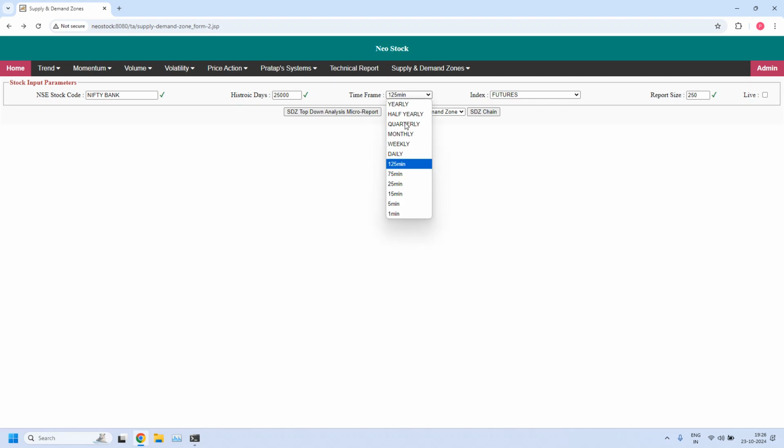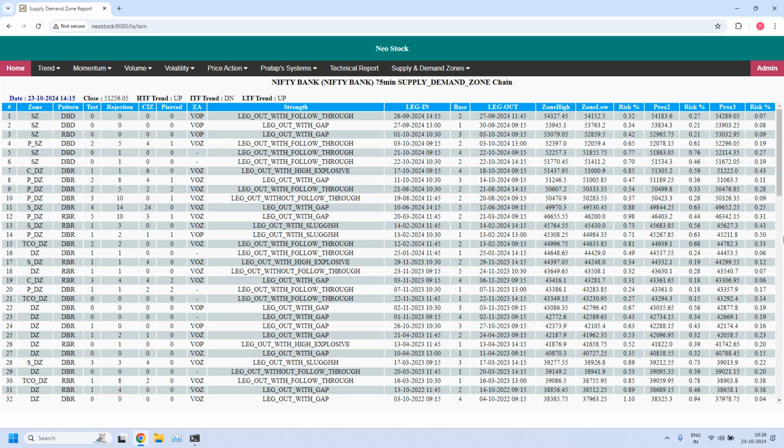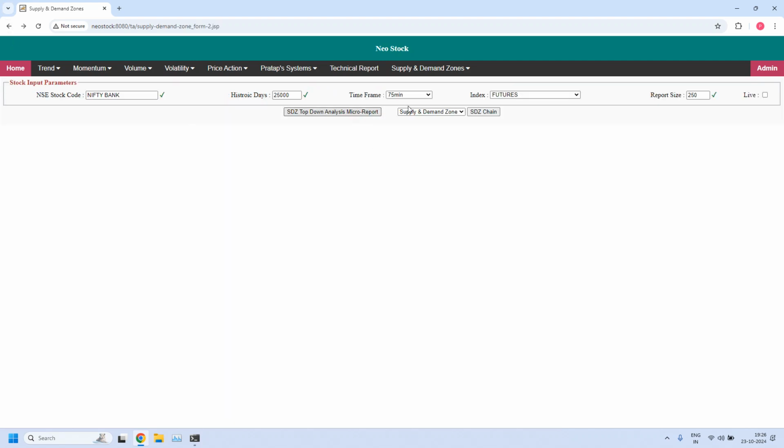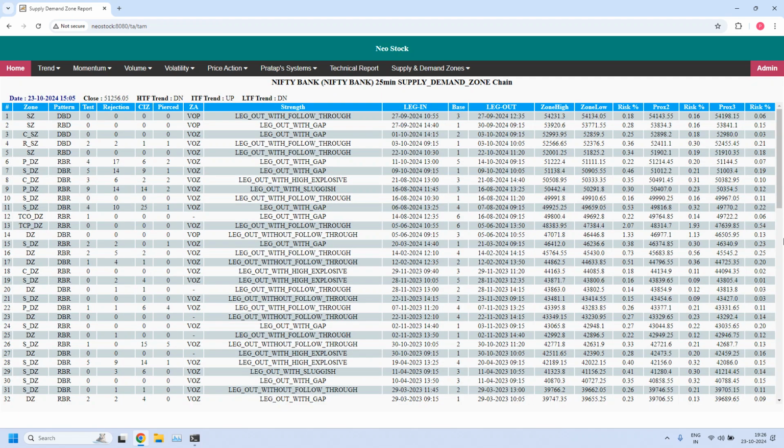Next time frame is 75 minutes, generating 75 minute supply demand zone chain for BANKNIFTY. The next time frame is 25 minutes, generating 25 minute supply demand zone chain for BANKNIFTY.